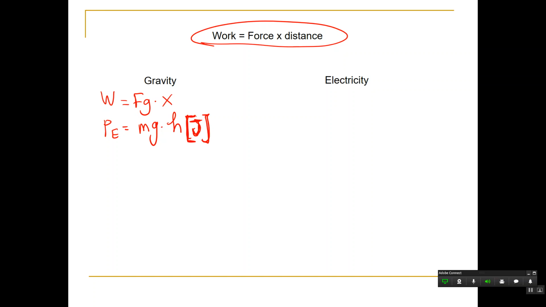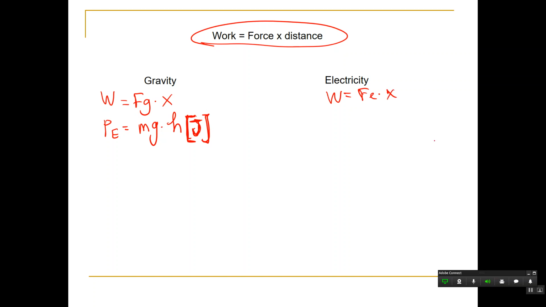We now have this relationship that describes how you relate potential energy and force, and we can use that same exact relationship here. So the work of electricity, or electric potential energy, as we're going to call it later, is equal to the electrostatic force times the distance away from that object.